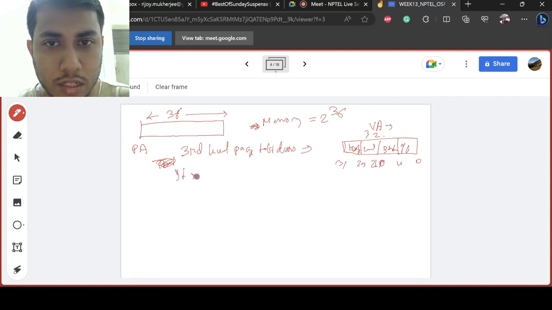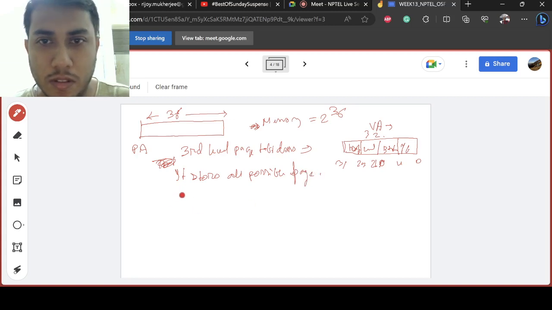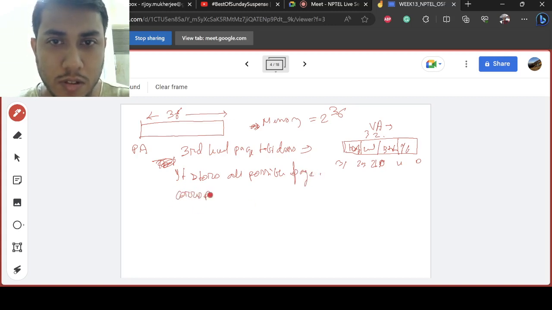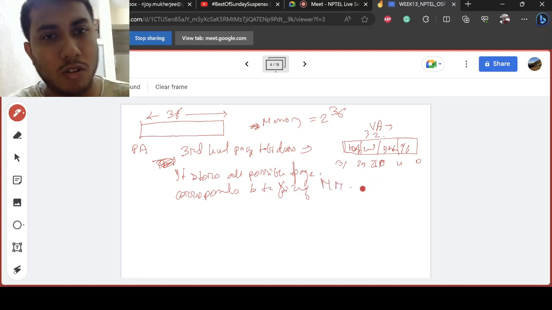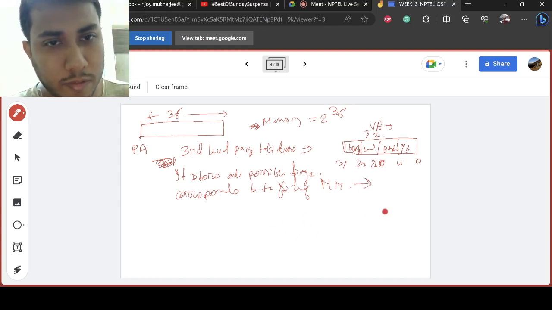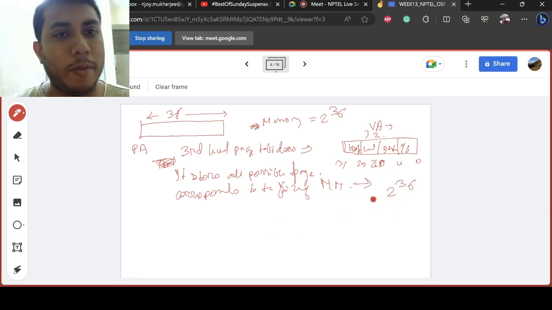It stores all possible pages corresponding to the size of main memory. So how many entries will be there? Total size of the main memory is 2 to the power of 36. Now, how many frames or pages are possible?